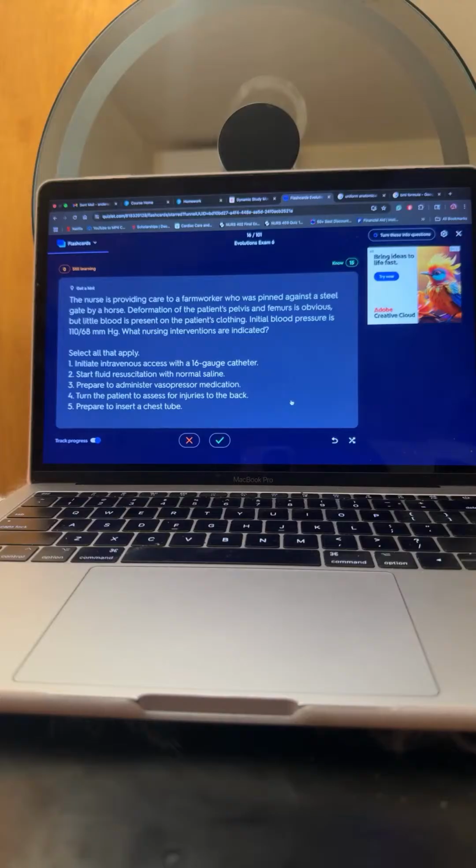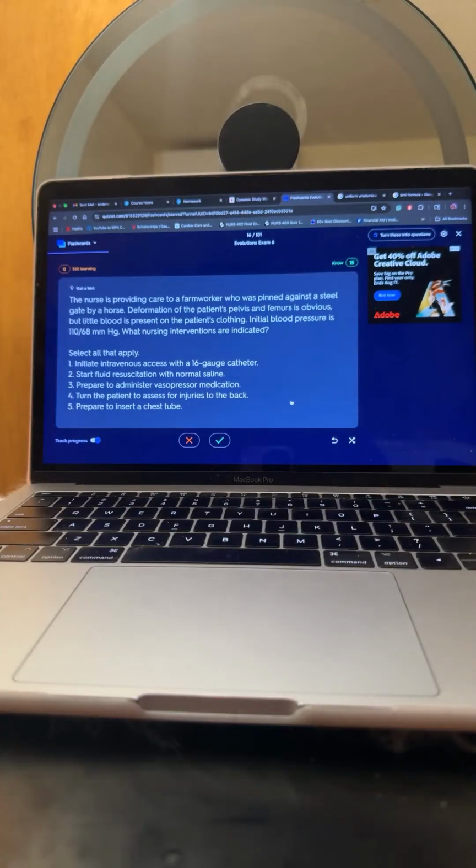Select all that apply. Because there's a pelvis and femur involved, and these are places where you can be at risk for hemorrhage if there's any damage, I'm going to say there's risk for bleeding. So we want to give fluids, and we want to make sure we have IV access.